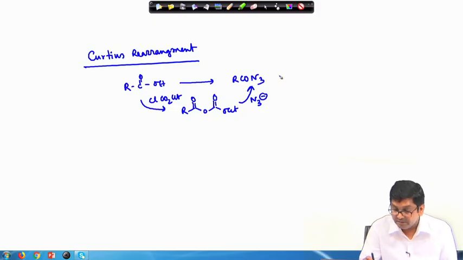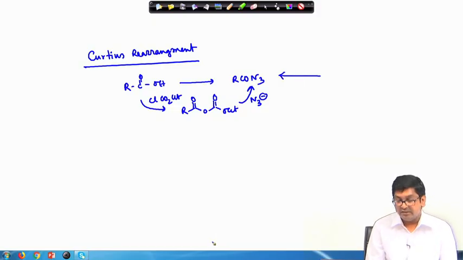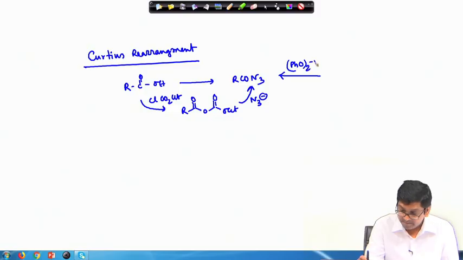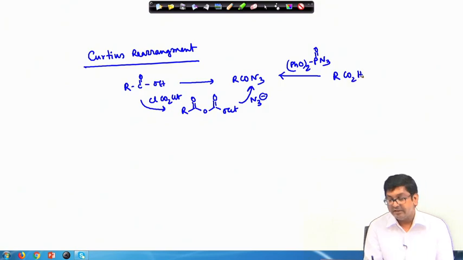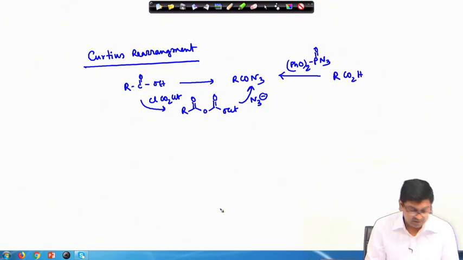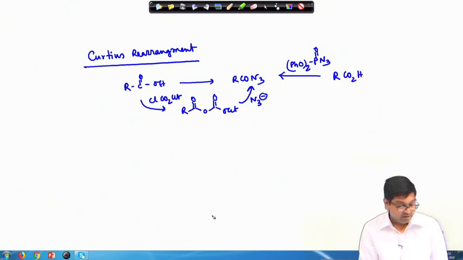Similarly, you can get it from diphenyl phosphoryl azide. You can start from the carboxylic acid, and that will directly give you this acyl azide compound through reaction with diphenyl phosphoryl azide.